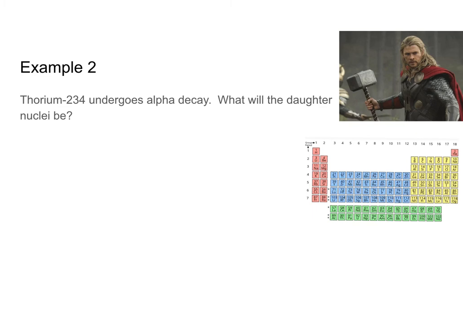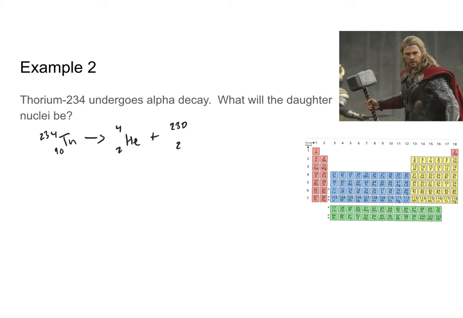So this time our thorium-234, which of course still has an atomic number of 90, is going to undergo alpha decay. So a helium-4 nucleus is going to get released. And we want to figure out what the daughter nucleus will be. So one of our daughter nuclei is, of course, our helium-4. But our other daughter nucleus is going to have a mass of 230.